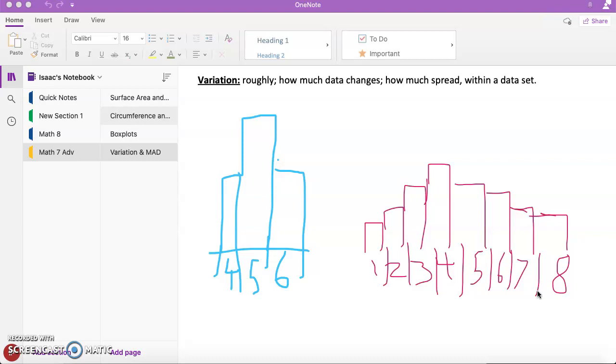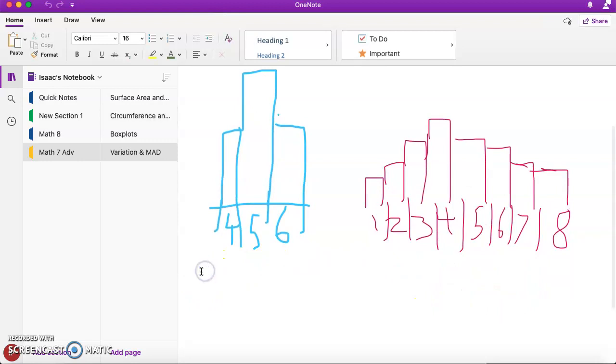But that being said, there are three main ways that we talk about variation. One is the range, which we've spoken about in previous lessons. Another one is the MAD, or mean absolute deviation, and we're going to talk about that one today.